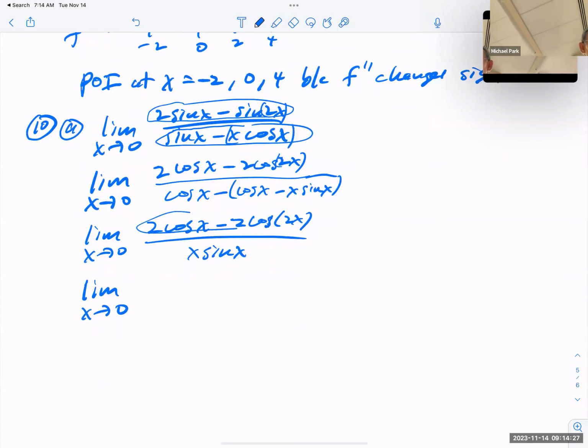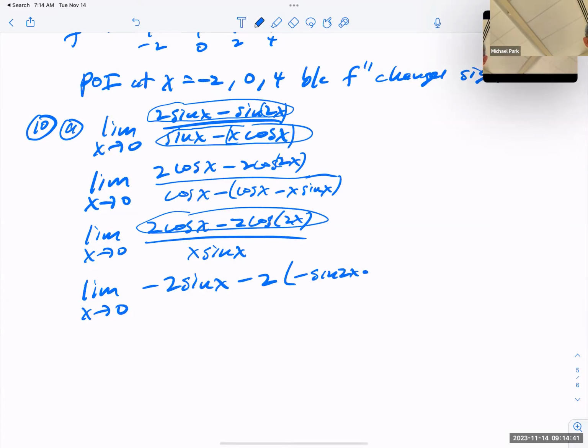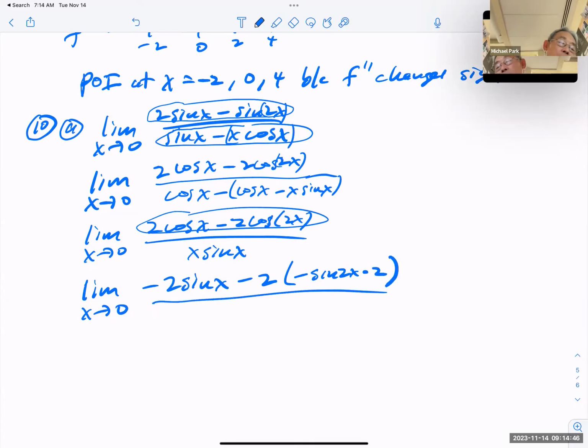So take the derivative of the top. That would be -2 sine x. The -2 is a constant, toss it on the side. The derivative of cosine 2x is negative sine 2x times 2. And the denominator is a product, so you have to use the product rule.